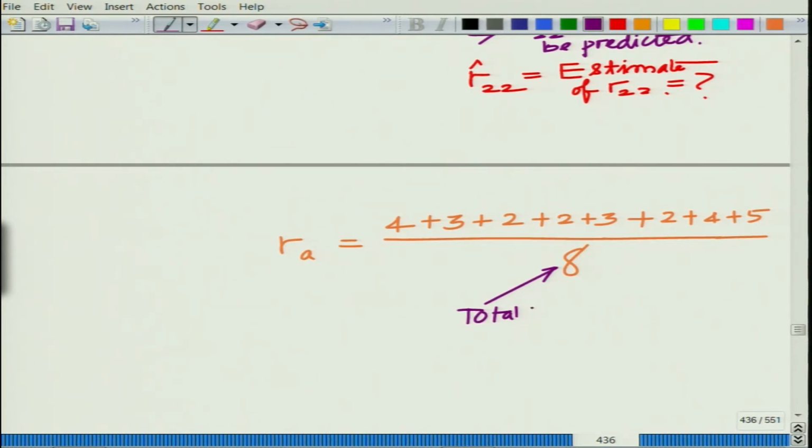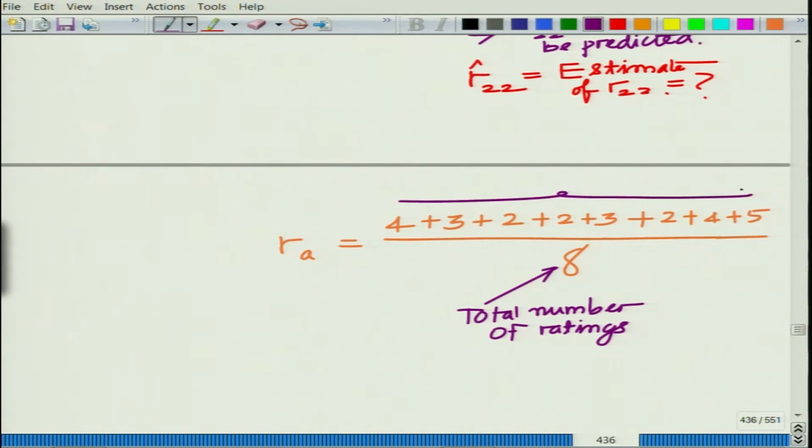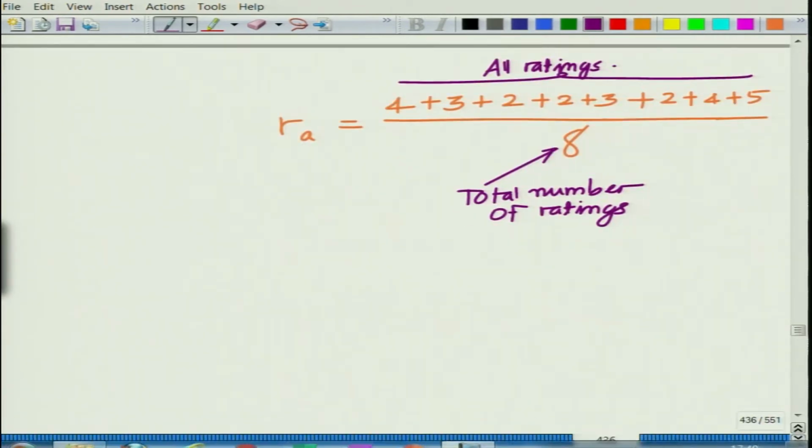This is basically the total number of ratings, and these are essentially all the ratings. And this R A, this overall bias, you can evaluate it.